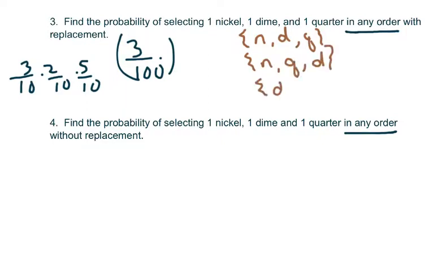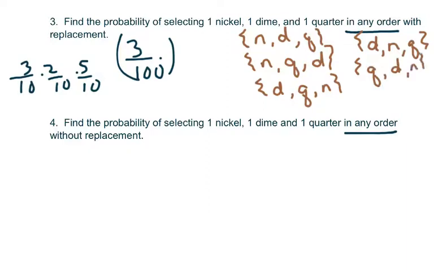Then dime, quarter, nickel. And then dime, nickel, quarter. And then I could start with quarter: quarter, dime, nickel. And then quarter, nickel, dime.